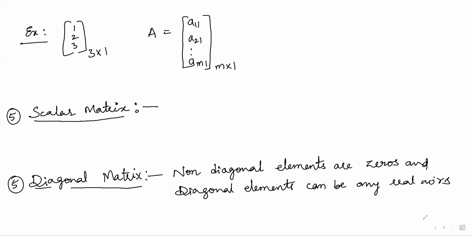So first of all, we'll see what a diagonal element is. In a square matrix, this diagonal exists only in a square matrix. For ease, let's take a 3 by 3 matrix: A11, A12, A13, A21, A22, A23, A31, A32, A33.